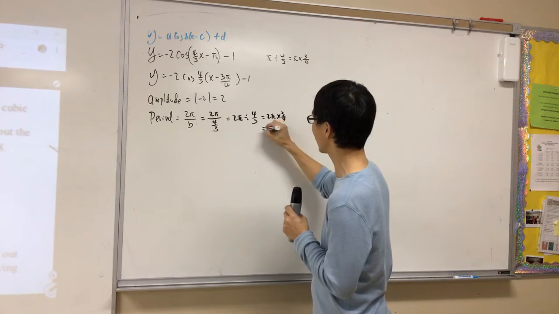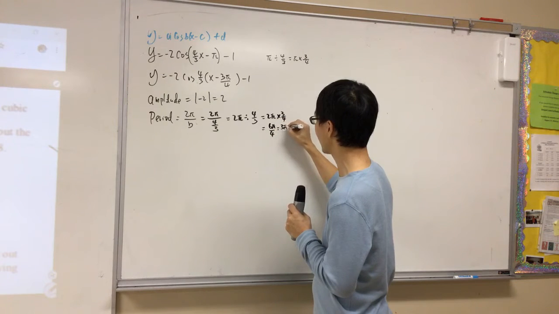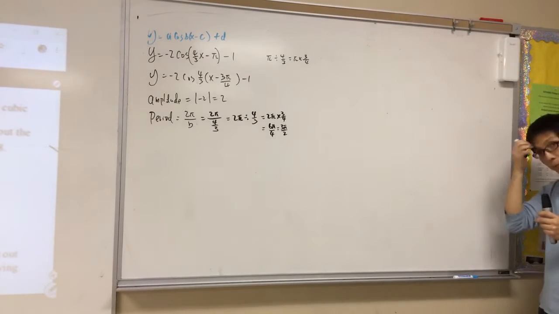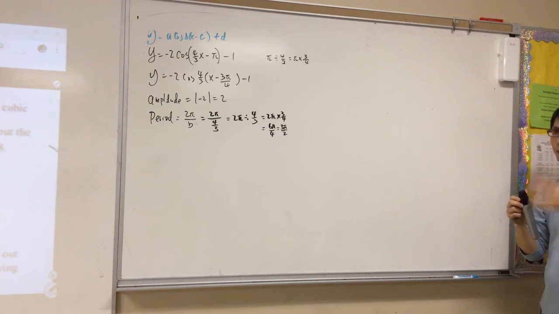That's equal to 6 pi over 4, which is 3 pi over 2 if I simplify it. Let me know if I'm going too fast. That's just a period. But period does not help me find the information, because period just tells me how long it takes to go through the whole cycle.